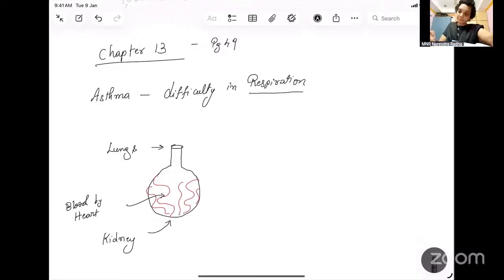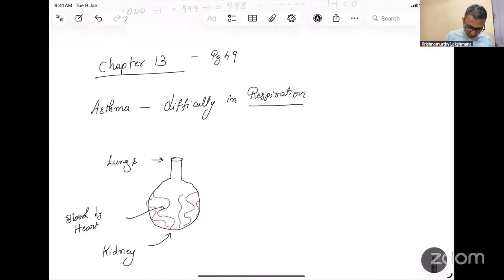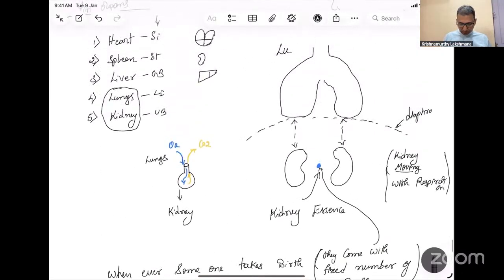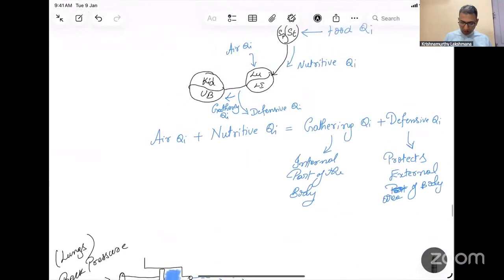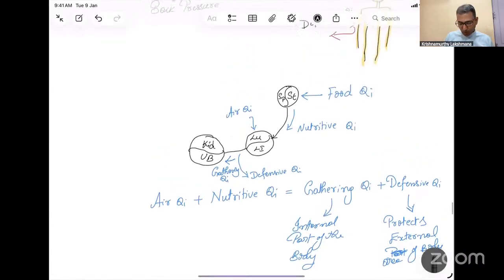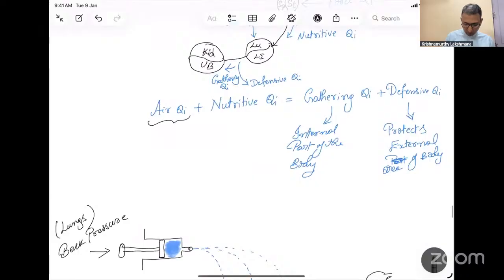Okay. And what goes inside apart from O2 and CO2? Air chi. Air chi is O2.